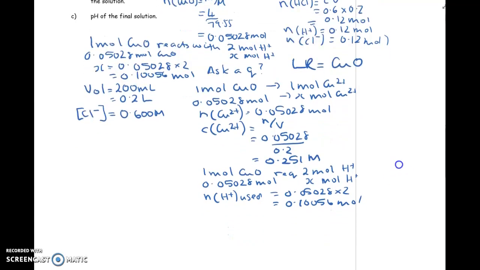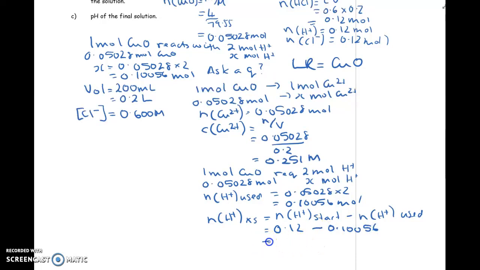Now let's try and find the number of moles of hydrogen ions left over. So in excess, which equals the number of moles of hydrogen ions from the start, minus the number of moles of hydrogen ions used. This means that you're going to start with 0.12 moles minus 0.10056, and this comes out to 0.01943 moles.